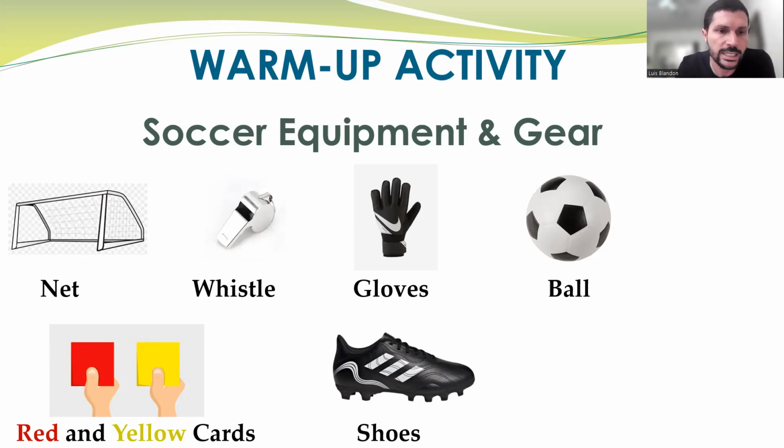In students younger than 11, repetition works very well to remembering things. So we're going to be repeating things 5 times, okay? Net. So repeat after me. Net. Net. So the first object you're seeing right here, it's the net.